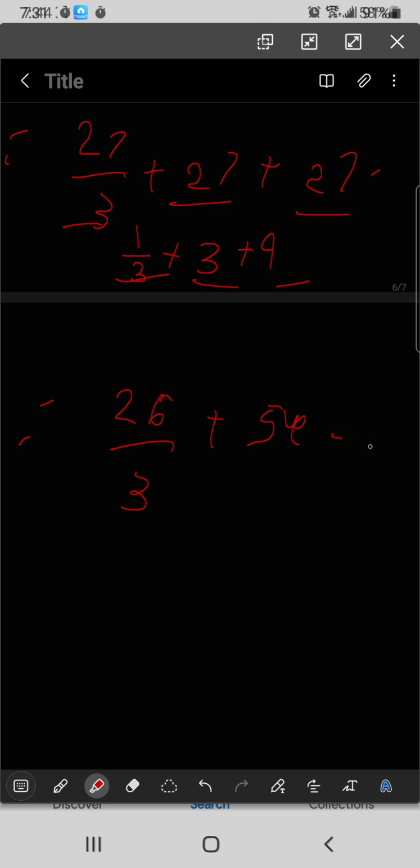And minus 3 plus 9 is 12. So all we need to do is to subtract this. So we have 40 now. So this is our answer.